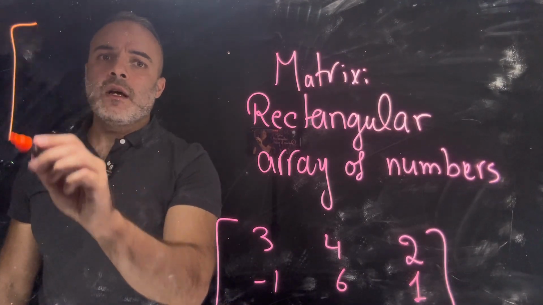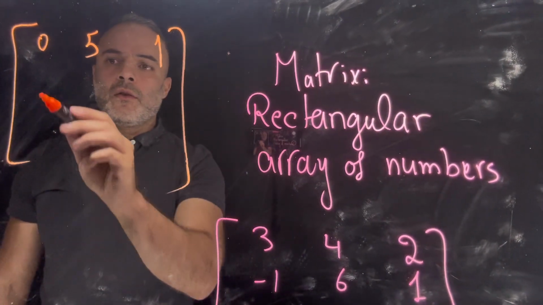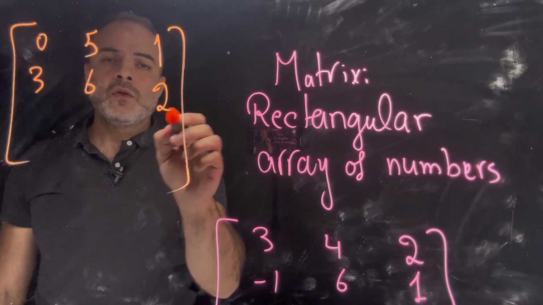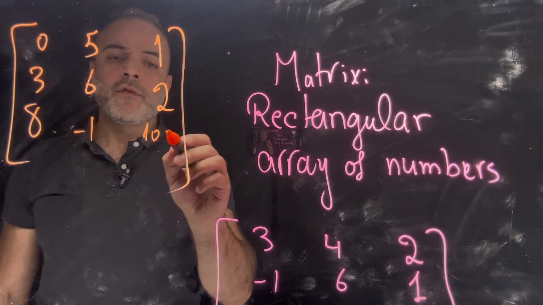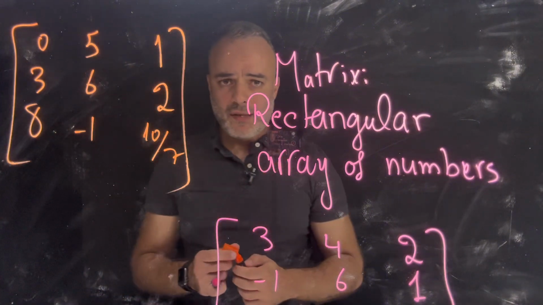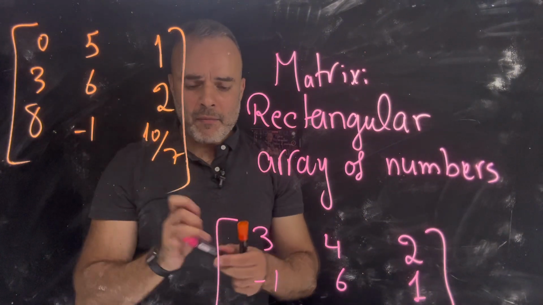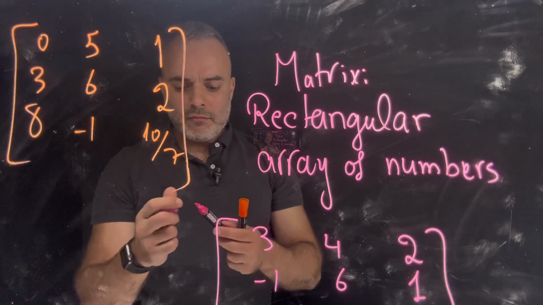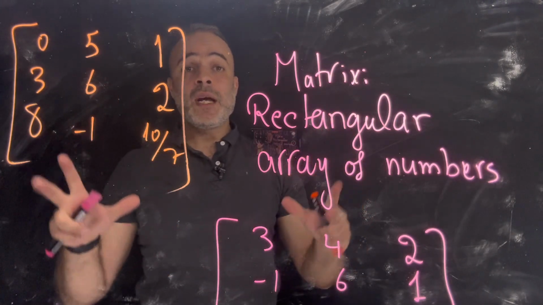So it could be 0, 5, 1, 3, 6, 2, 8, -1, 10 over 7, anything. These are matrices. As I said, these are rectangular arrays of numbers, but more generally, a matrix is a rectangular array of objects.